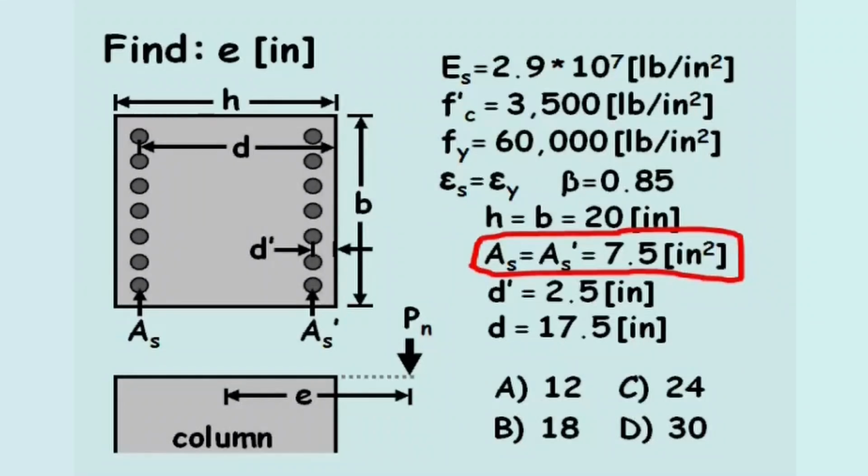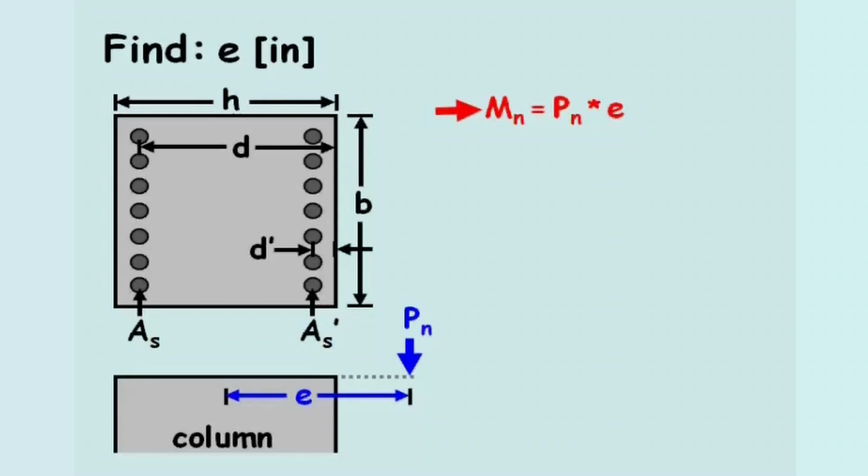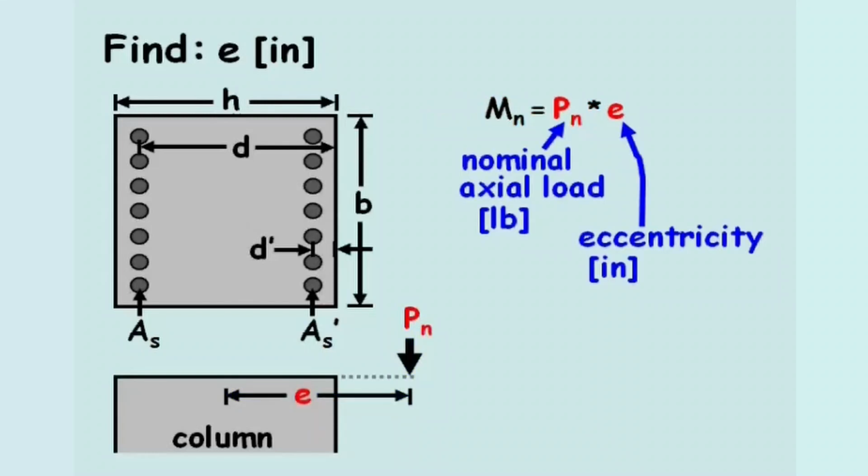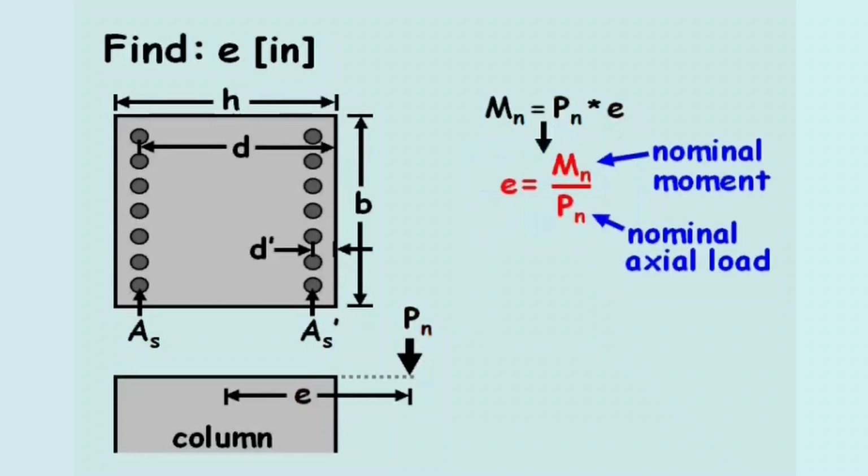Since we're analyzing an eccentric column load, we'll define the width of the column, B, and the height of the column, H, as shown in the figure. The nominal moment developed in an eccentrically loaded column equals the nominal axial load, Pn, times the eccentricity, E. Therefore, the eccentricity equals the nominal moment divided by the nominal axial load.